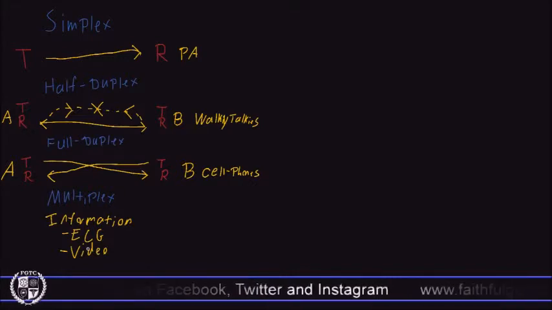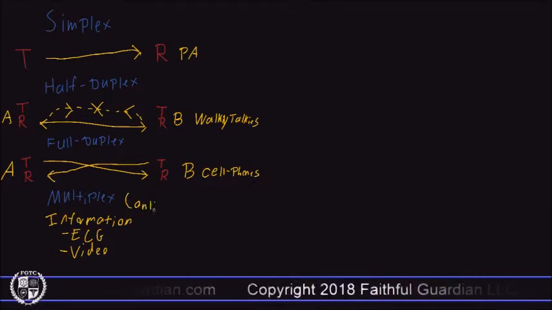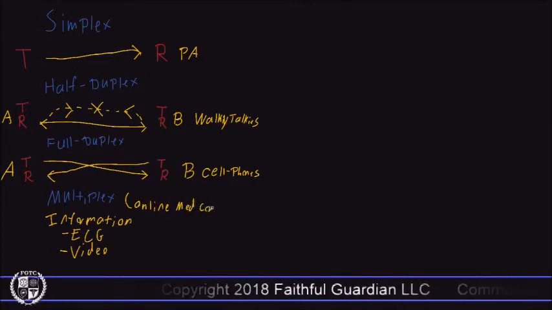That's an important concept to understand. This multiplex system, transmitting ECGs and vital signs and everything, sending that over to a physician, is also going to be an example of online medical control, because you are consulting somebody over a radio.